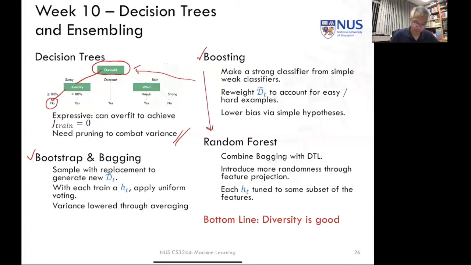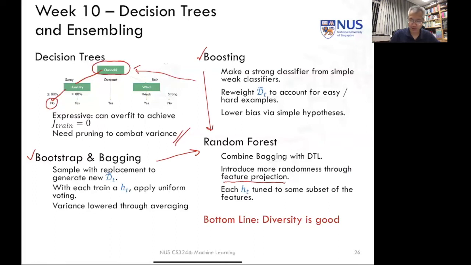Finally, we put both bootstrap and bagging and boosting together in the idea of a random forest. We took bagging and decision tree learning, as we saw earlier, and tried to produce more randomness through feature projection. The idea that we would take certain features and only project them to a certain tree in the forest, rather than give all of the trees the same features.